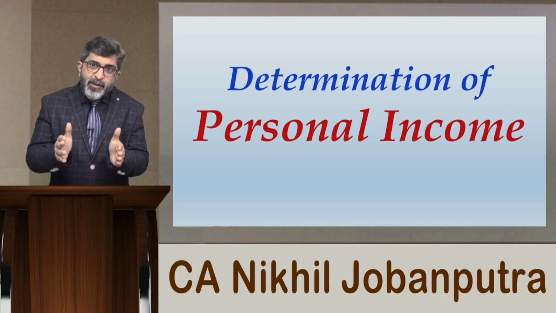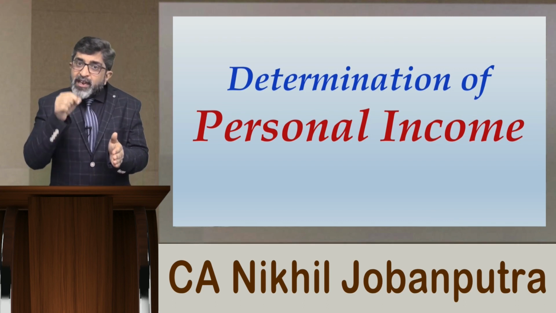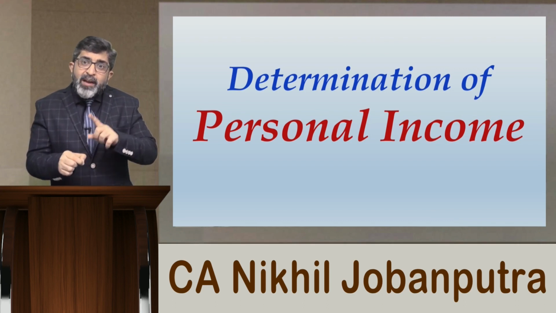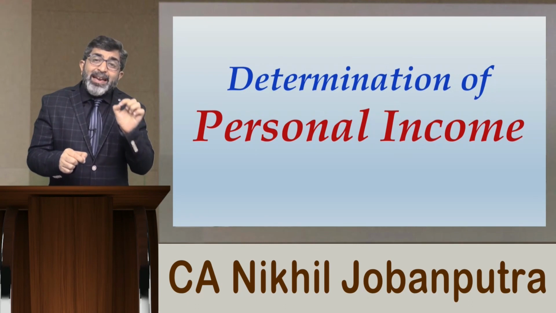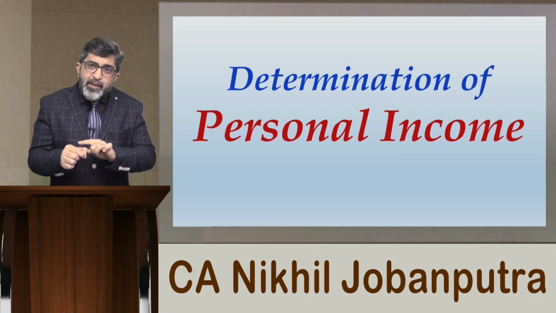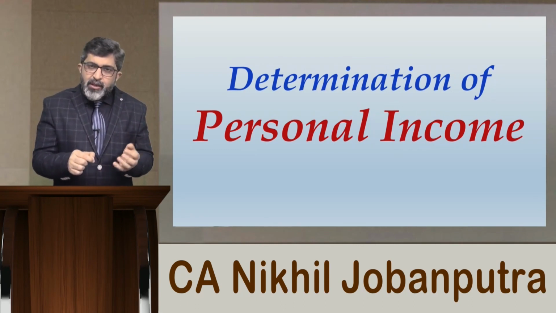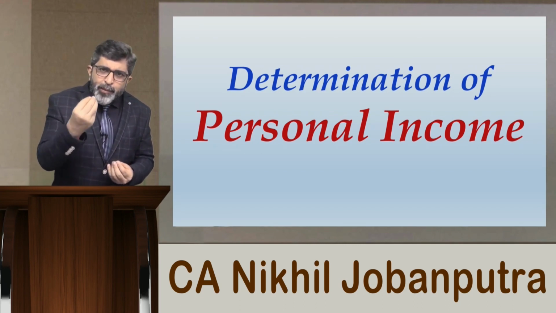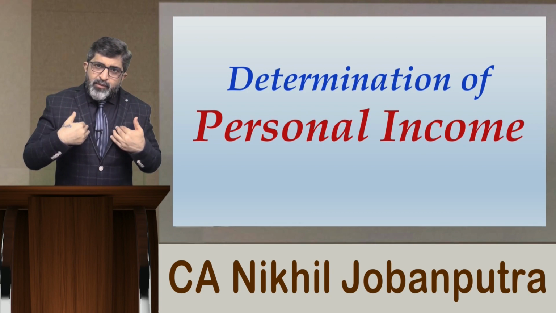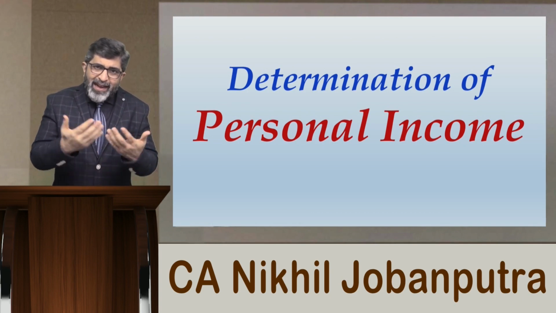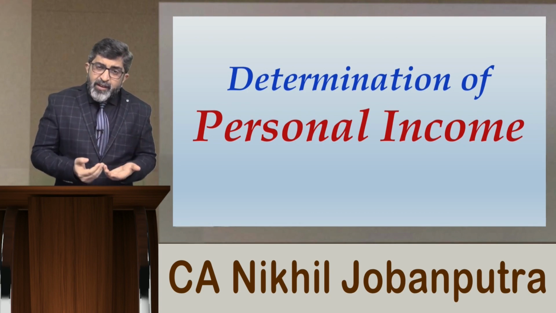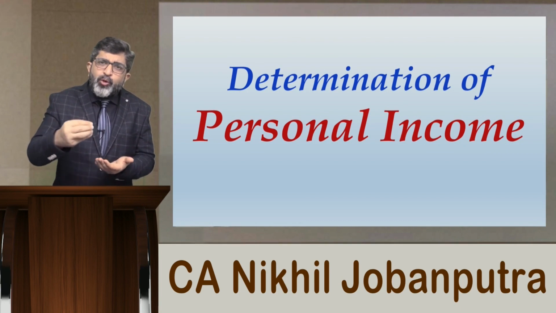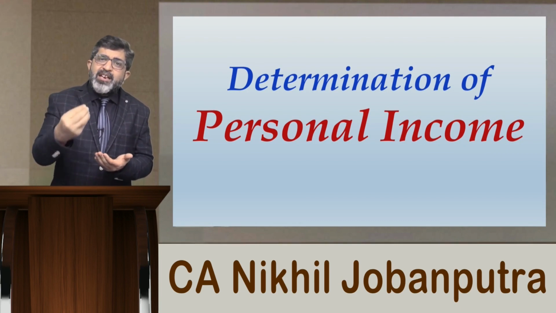But when you arrive at personal income, out of the income earned, these households will have to pay personal income tax, and that will be from the income that they have earned. So for example, I have earned an income of rupees 100. So I am representing a household and I have earned an income of rupees 100, and I have to pay suppose rupees 10 as personal income tax.